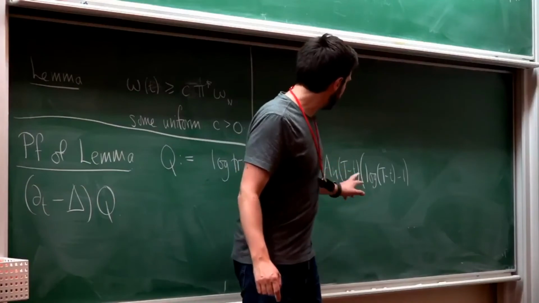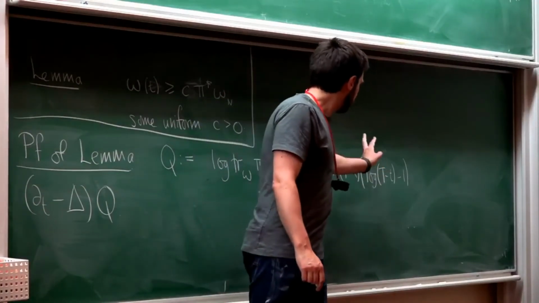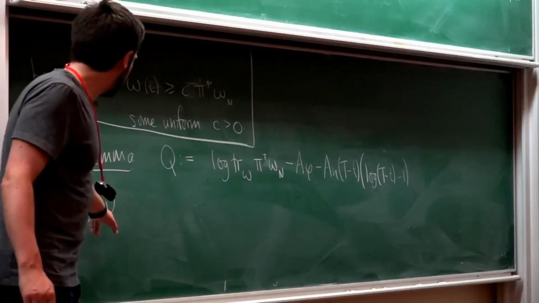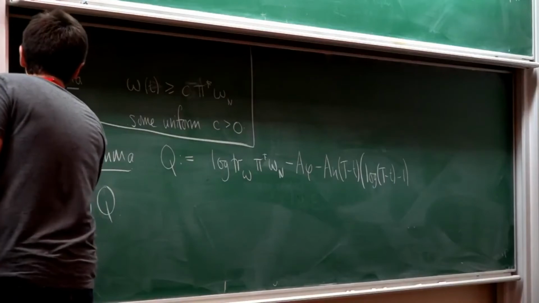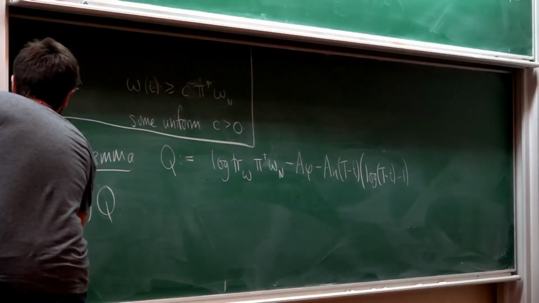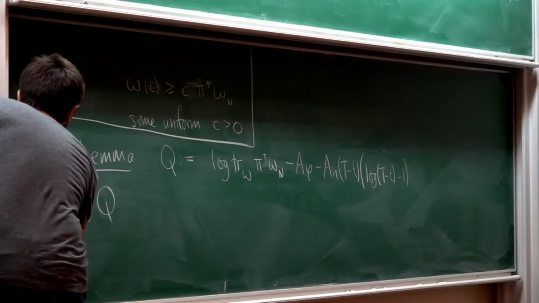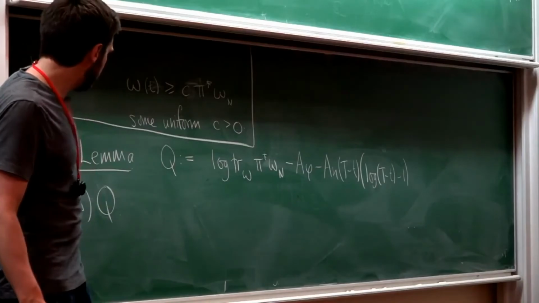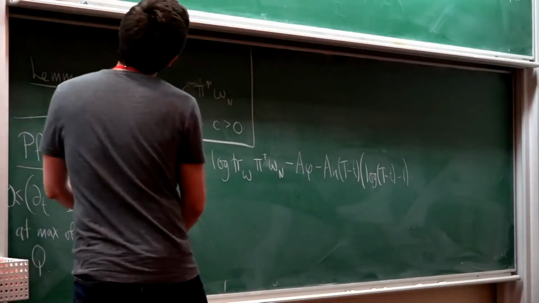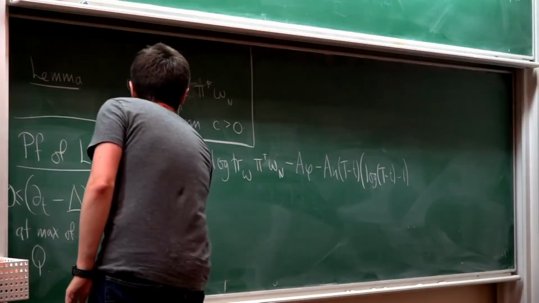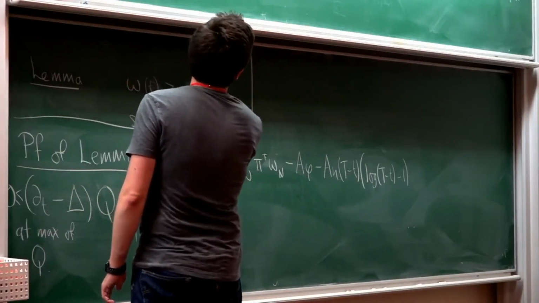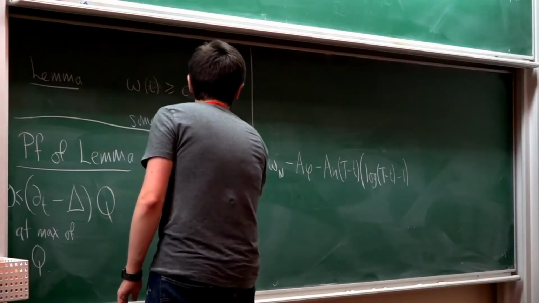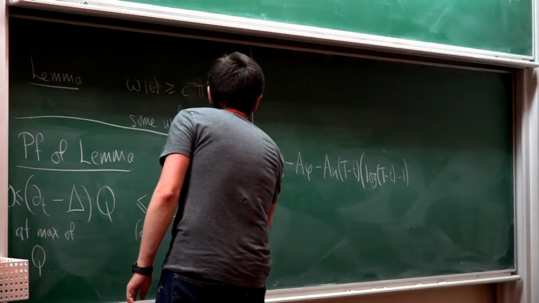These things are bounded. We already showed that phi is bounded. I know this is bounded. x log x is bounded. So I want to get an upper bound for Q. So at the max of Q, assuming it occurs at a point where t is positive, this is bigger than 0. But on the other hand, by this number 2, d/dt minus Laplacian of this log is bounded by a constant times the trace with respect to omega of the pullback of omega n.